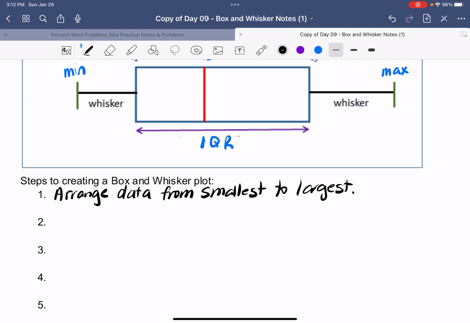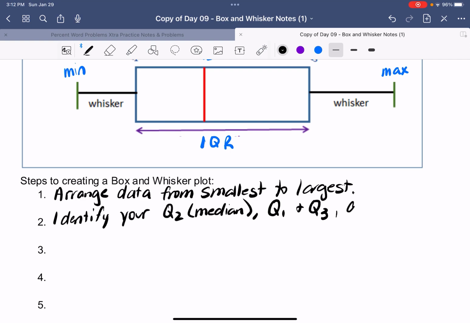Secondly, you're going to identify your Q2. You find that one first because that's in the middle, or your median. Then you're going to find your Q1 and Q3 and your min and max numbers, okay? Find all those pieces of data.